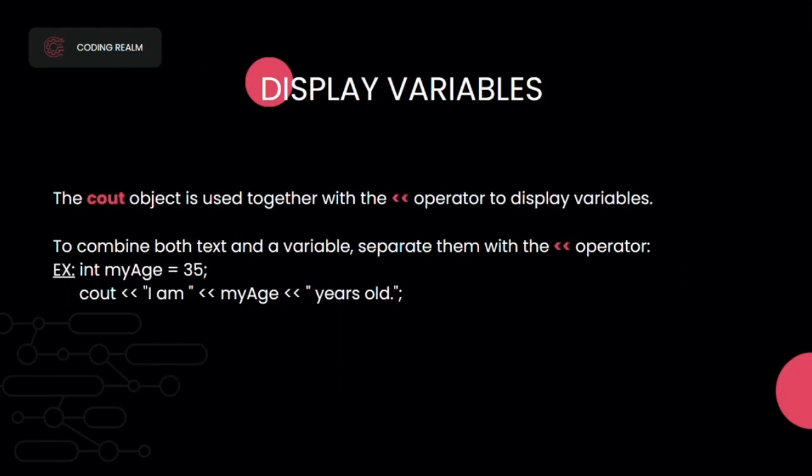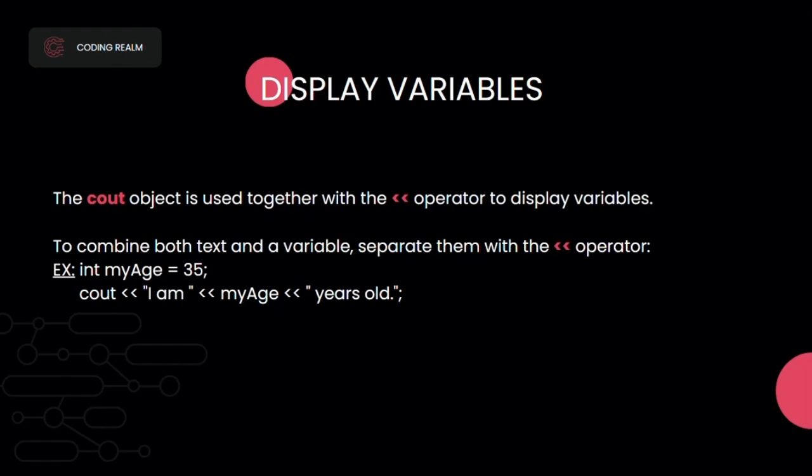Okay, to display the variable on the screen, I need to use the cout object with the insertion operator. Like in this example, I have a variable myAge. The age is equal to 35. I need to display on the screen I am 35 years old. I use cout, I am, as a string.